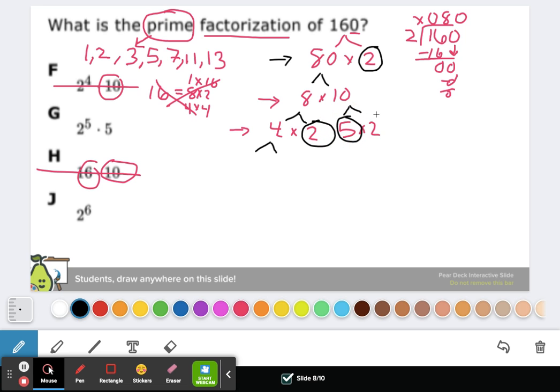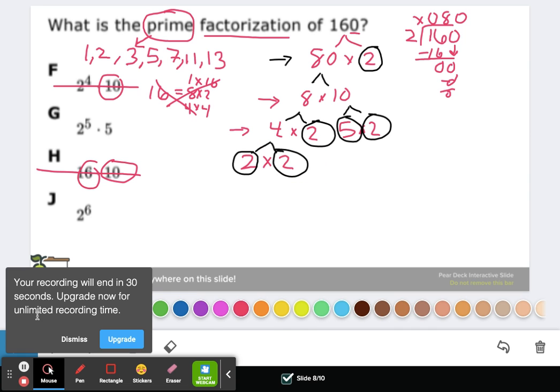And so is 5 and this 2. All these numbers are prime, so I can stop with those, but I need to continue that 4. With this 4, I know 2 times 2 gives me 4. And then again, I need to circle my numbers because these 2 numbers are prime.